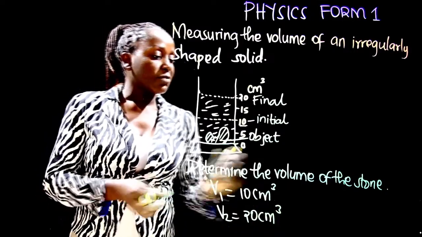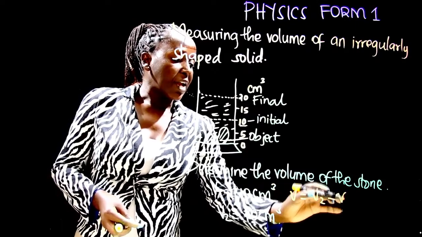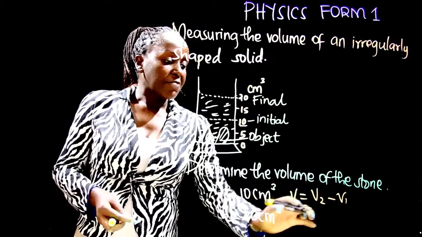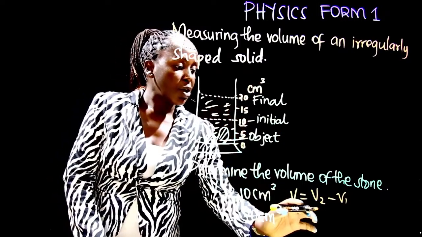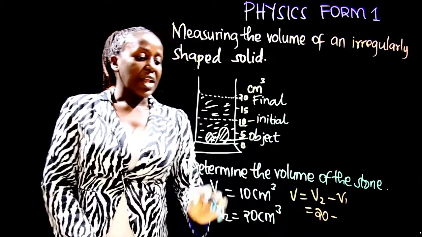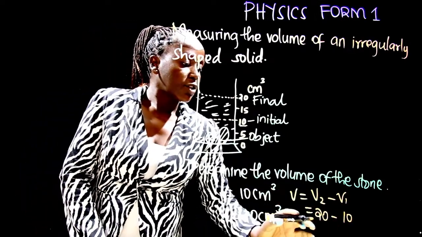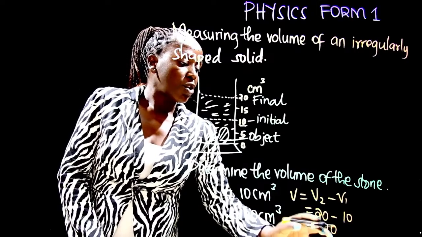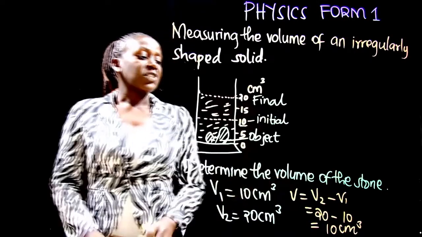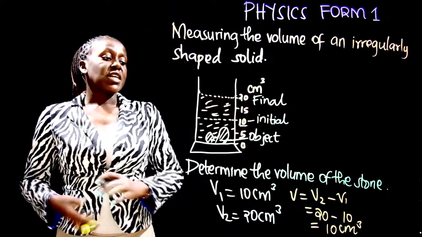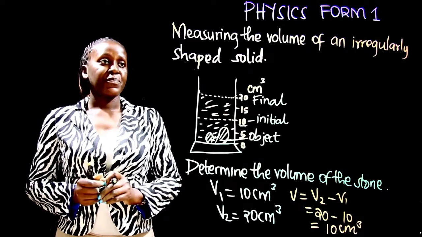So the volume of the object will be equal to V2 minus V1, which is 20 minus 10. When you subtract the two, you get 10 centimeters cubed. So the volume of the stone is 10 centimeters cubed.